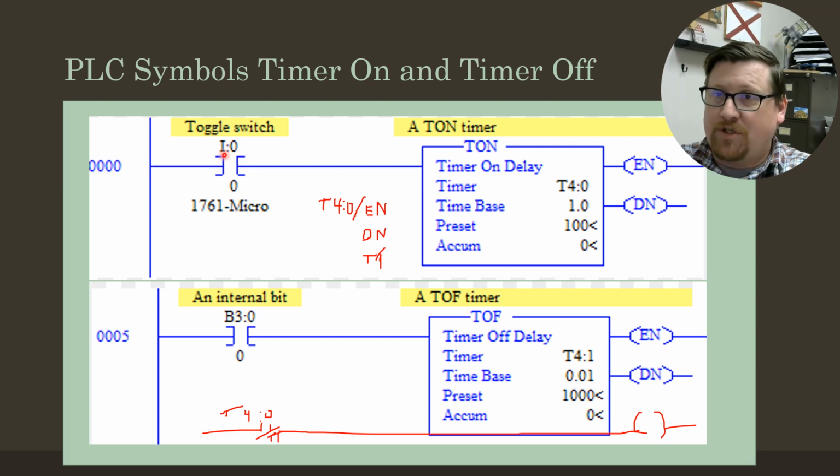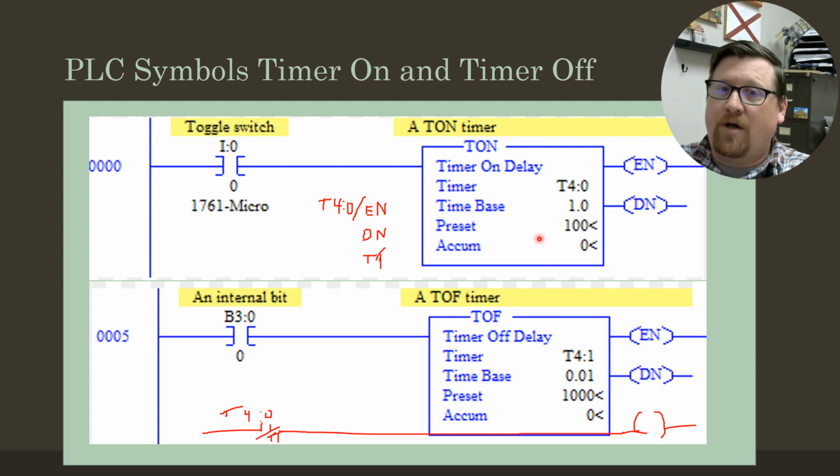If I turn this switch off, right, a regular timer on or a regular timer off, when I deactivate it, it resets that timer. Timer off works a little different. It starts counting once you take power off of it, but if I re-energize it, then it resets it to 0. Same way, it's going to reset it to 0.